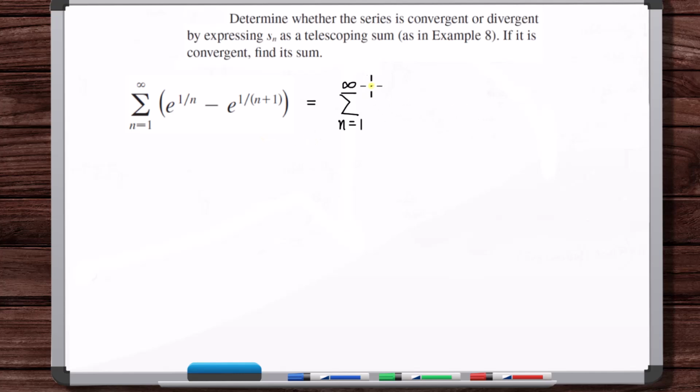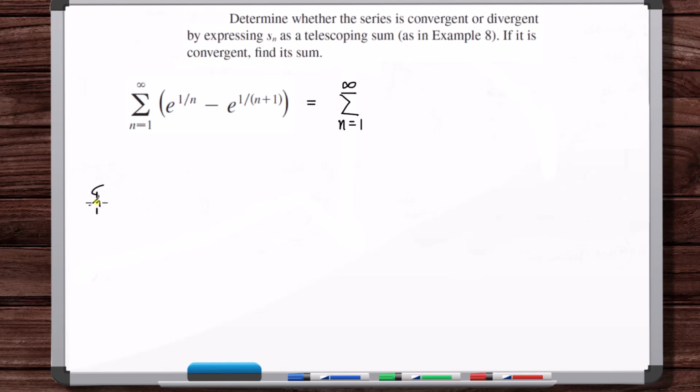Let's just look at e to the 1 over n. Let's come to the side for a second. So a sub n is e to the 1 over n minus e to the 1 over n plus 1. Can we separate this? No, we can't. So let's just write out some of the first terms.